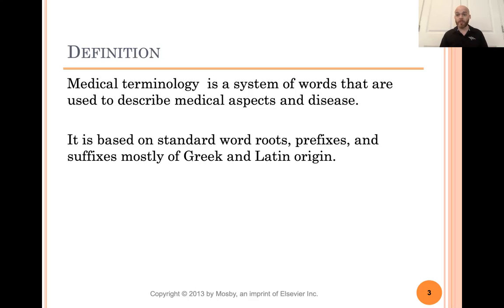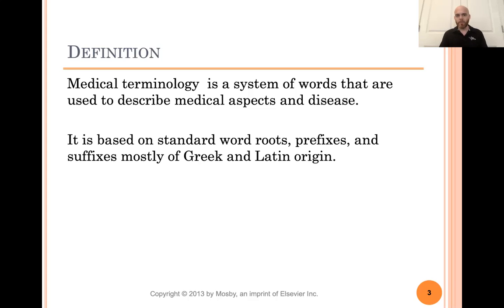But if a lot of medical terms are written in Latin and Greek origins, it's easily interpreted across languages and across cultures.